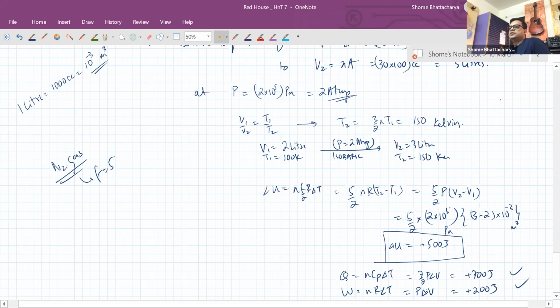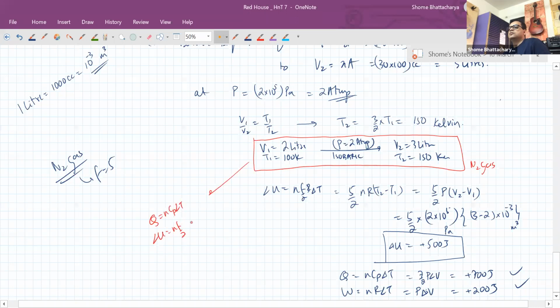So for this isobaric expansion of nitrogen gas, just using the formula and keeping in mind that nR delta T is P delta V. Okay. So these are coming out to be these three quantities.